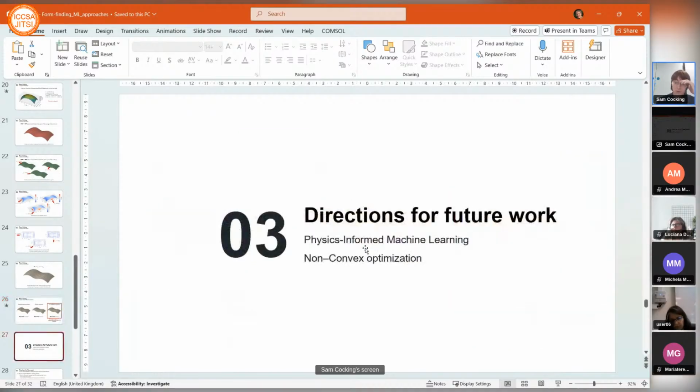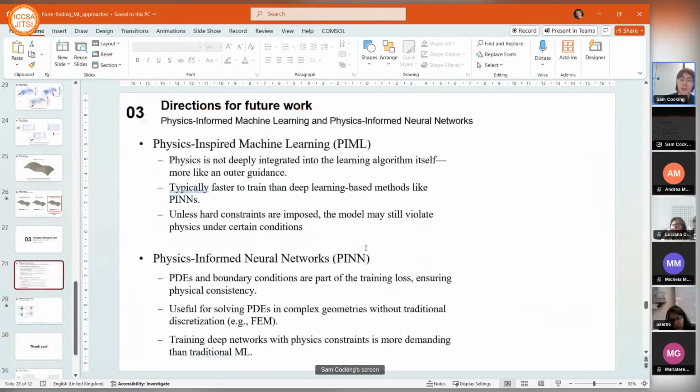Looking ahead to future work, the two main directions to improve the performance of the machine learning will be to bring physics in to some extent. So either physics-inspired machine learning, where we use the governing physics as a weighting in training our models, but they're not imposed as hard constraints.